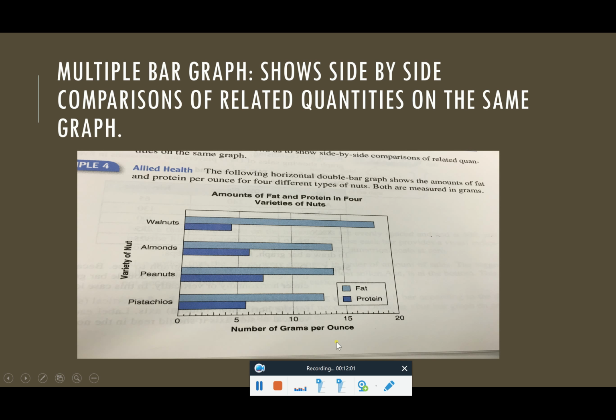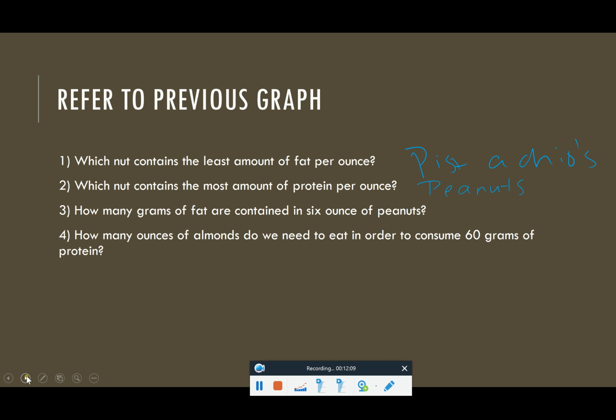Six ounces of peanuts, how much fat? Fat looks like about maybe 14, so 14 per ounce. If we're talking about 6 ounces, you would do 14 times 6, which is about 84.